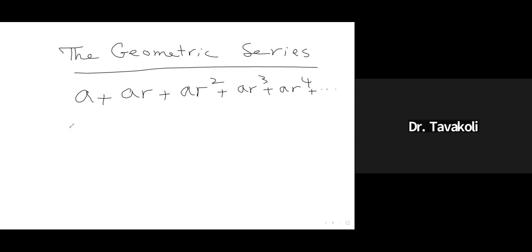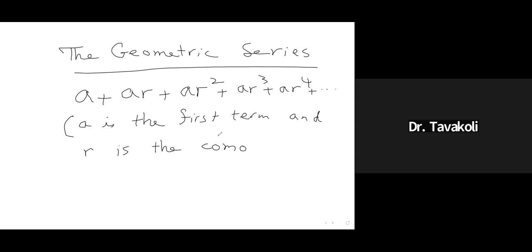So here, A is the first term, and R is the common ratio. The common ratio is multiplied by every term to give me the next term.